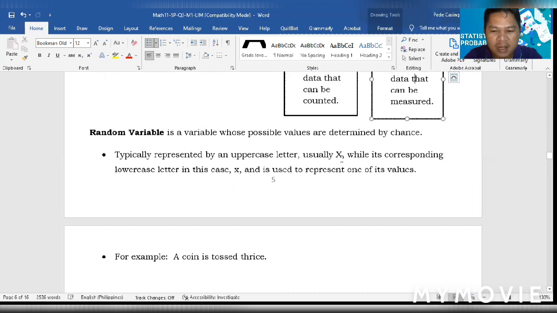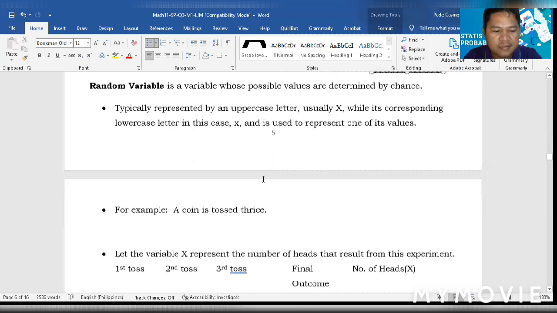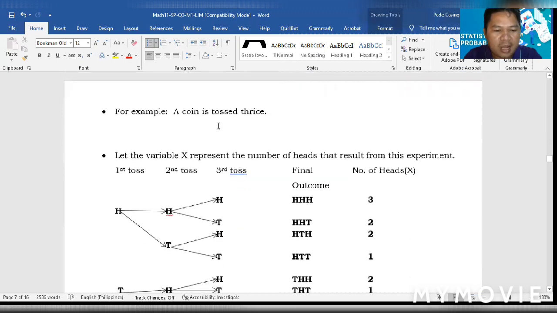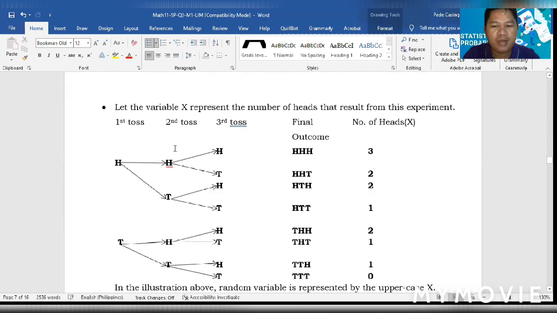In every possible outcome, you count, for example, 1, 2, 3, 4; those are the lowercase x values. For example, a coin is tossed 3 times. Let the variable X represent the number of heads that result from this experiment.